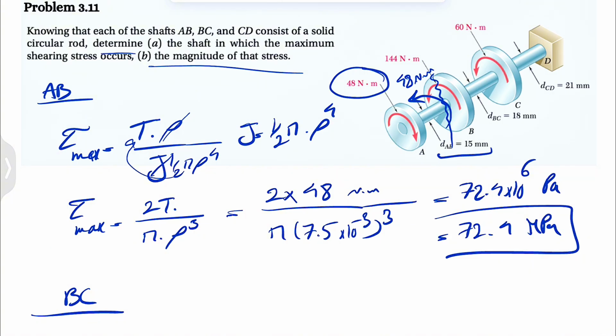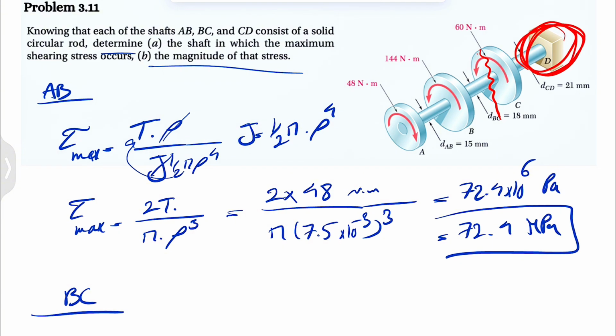I'm just going to clean up the previous one. So maybe I'll draw this one with red. We're going to do our cut right before the point C. And one thing I forgot to mention, you can consider either the left side of the cut or the right side. But the problem with the right side is that we have some reactions at this support, which we don't know. So it makes sense to go with the left side because we have all the torques as given.